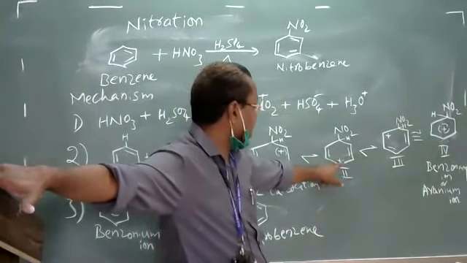This leads to a stable hybrid molecule, and this stable hybrid molecule is also called a benzenonium ion or arenium ion. Earlier, in the first step, we called it a carbocation. Because of the resonance effect, this forms three resonance structures, and when we combine all these three resonance structures, it forms a resonance hybrid, where the positive charge is distributed throughout the molecule.